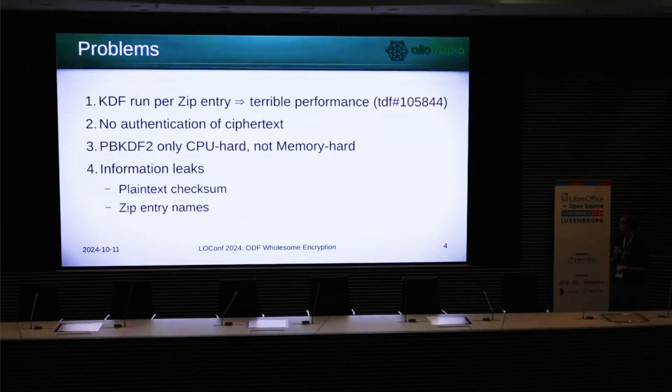Then there are some additional minor problems with information that is leaked in the encrypted file. The plaintext checksum that I mentioned on the previous slide is, of course, not ideal. The other problem is that the names of the entries in the zip file are also stored in plaintext.